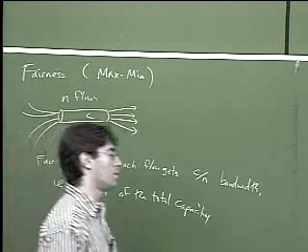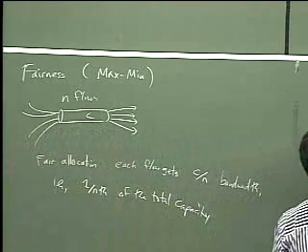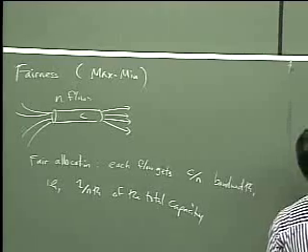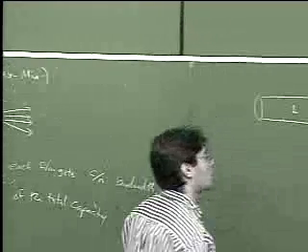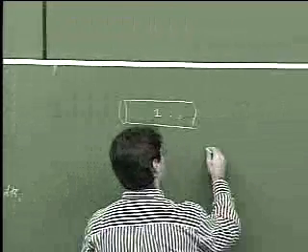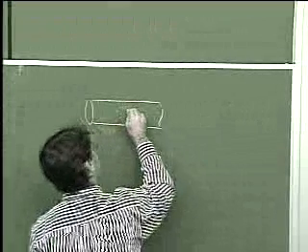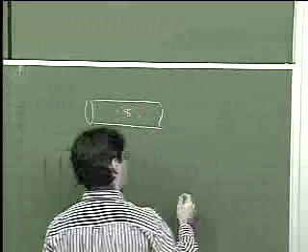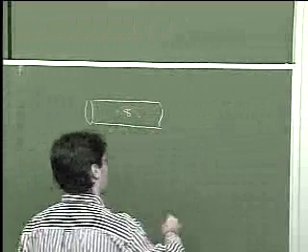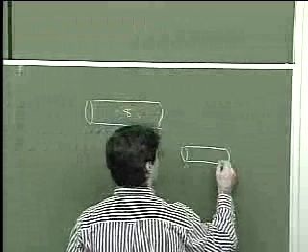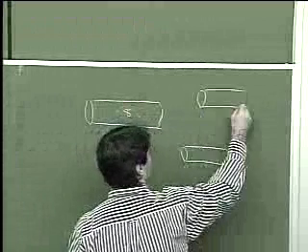But what happens when you have a situation like so? Let's say this link has capacity 10, let's make it capacity 8. Why not? And have some other link here and another link here.